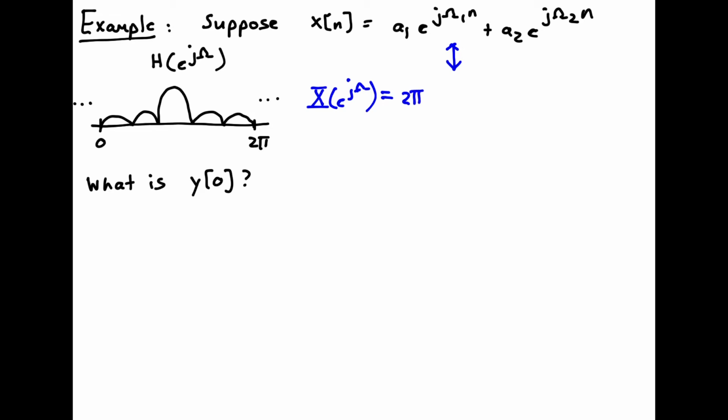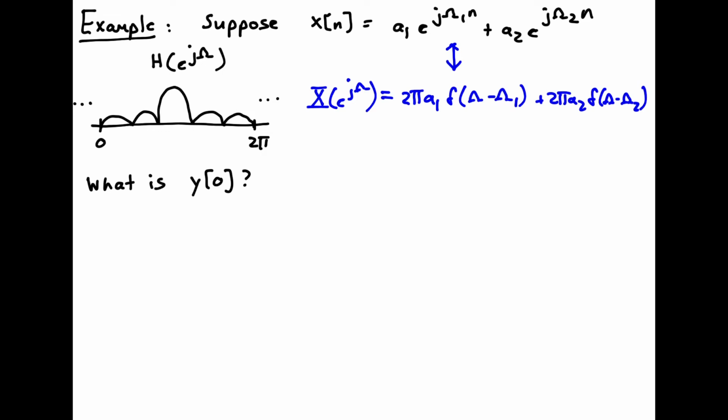So what I would get for the transform of the first one is 2 pi a1 delta of omega minus omega 1. So that's a delta function at frequency omega 1 scaled by 2 pi a1. And the transform of the other piece is simply 2 pi a2 delta of omega minus omega 2. So that's a delta function at omega 2.